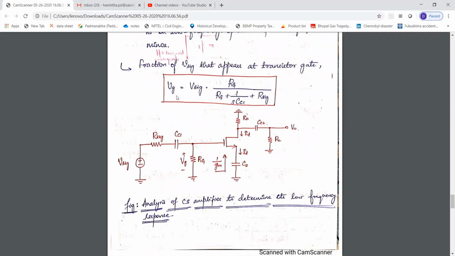Now the voltage at the gate terminal, that is across the resistor RG, will be equal to V signal into RG by R signal plus the impedance across its coupling capacitor, given by 1 by S into CC1, plus RG. Okay, so this is it.